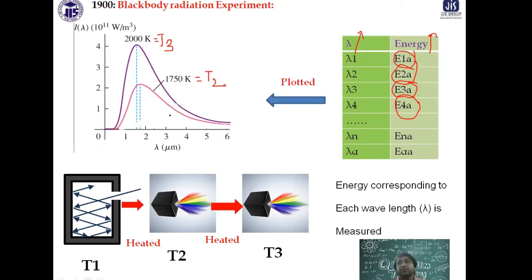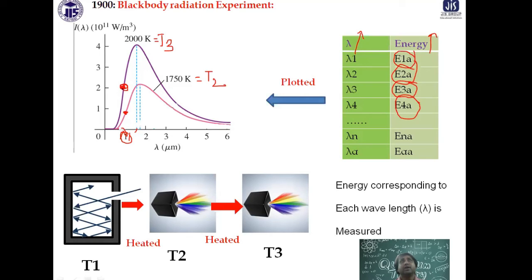Now, can you notice what is the difference between the two graphs? Two differences are there. They're very similar in look. The first difference is that at a given wavelength, say for this wavelength, we may call it lambda 1, you notice the energy corresponding to the lower temperature is lesser compared to that of the higher temperature.